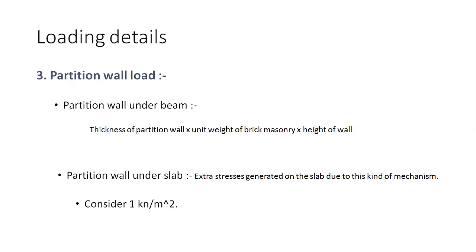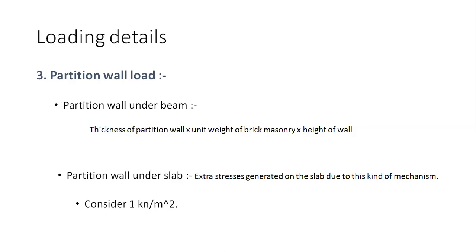If partition wall is provided under the slab without any support of beam, then there are chances that extra stresses are generated on slab. Either it is generated at middle portion of slab or at corner portion of slab. So to counteract this mechanism, we consider 1 kilonewton per meter square of partition wall load which is spread over the slab.